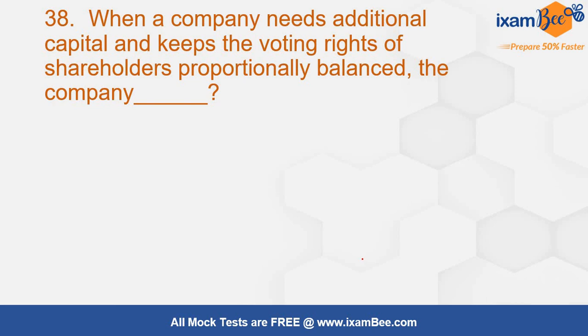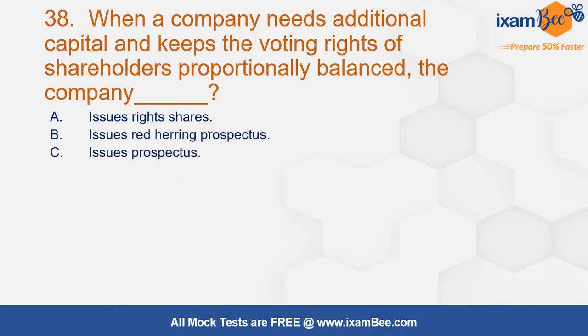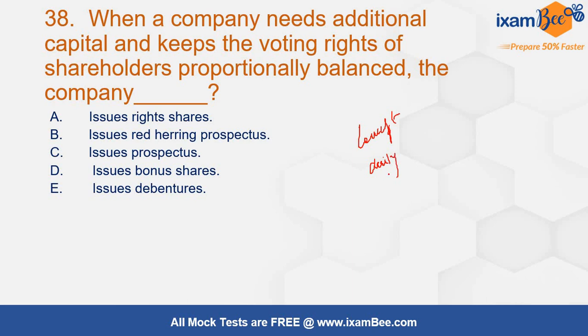When a company needs additional capital and keeps the voting rights of a shareholder proportionally balanced, then the company issues rights shares, issues red herring prospectus, issues a prospectus, issues bonus shares, or issues debentures. Now here concept clarity matters. As I am telling you, some questions are knowledge based, direct, section based, and some are concept based. So if you have good concept clarity, you can score very well and answer these questions.